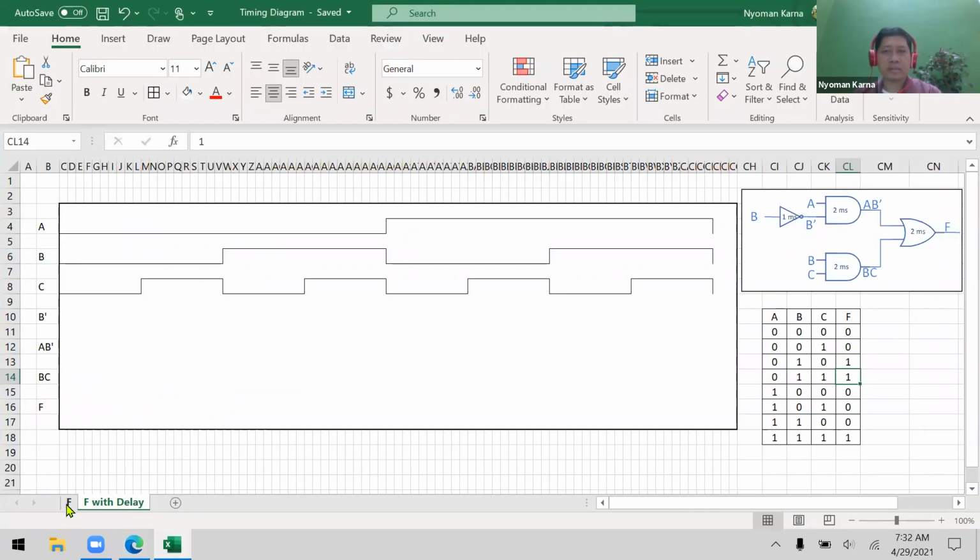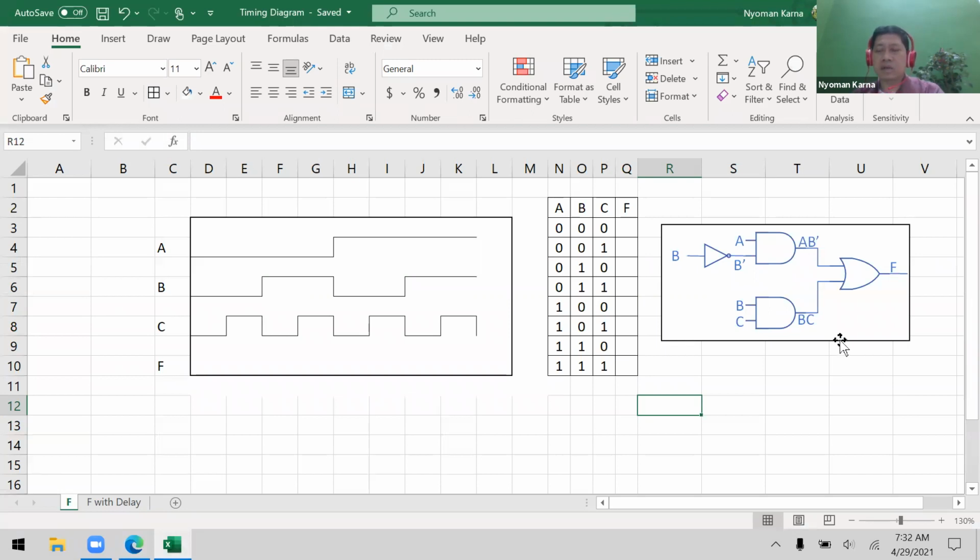Now, this is the combinatorial circuit for A B naught plus BC. We have one OR gate, two AND gates, and one inverter. The inverter inverts B to become not B, B naught.